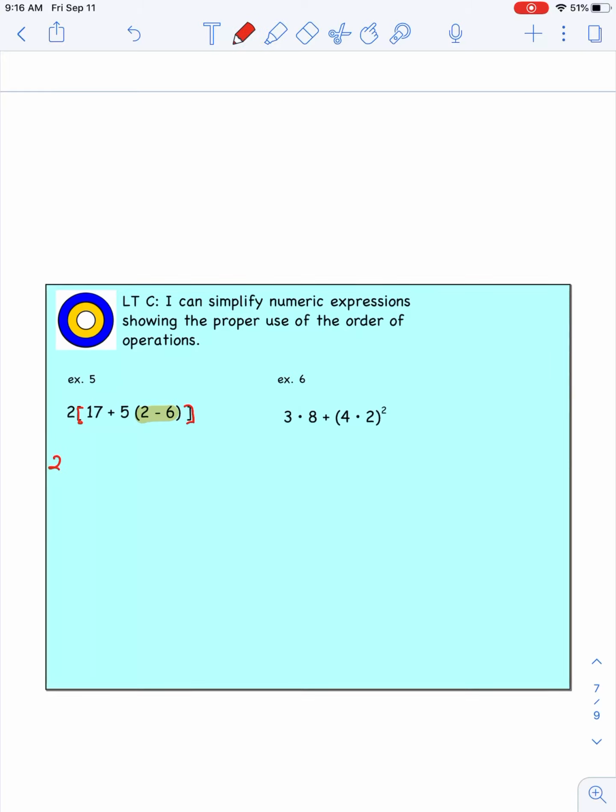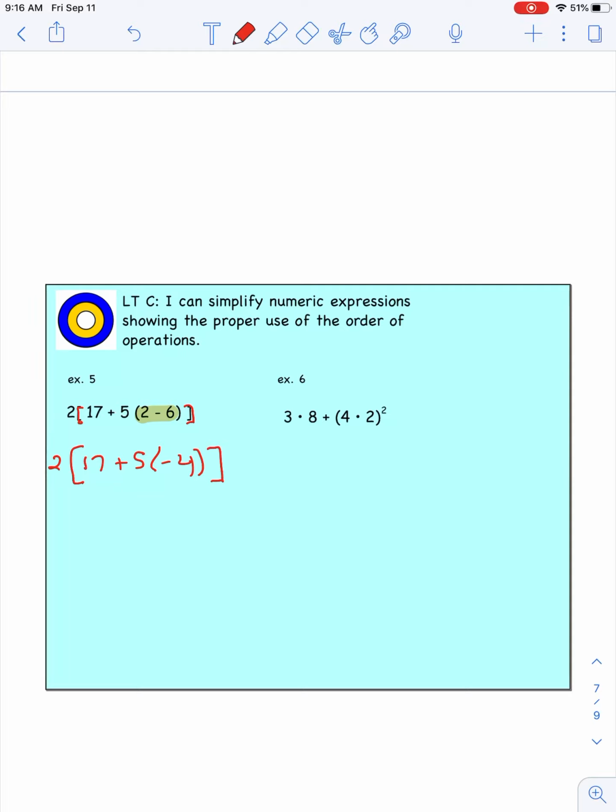So the first thing I'm going to do, the 2 is going to stay there and just hang out for a while. And so the first thing I'm going to do is the parenthesis with the 2 minus 6. So I'm going to have 17 plus 5. That's a parenthesis, that's grouping, and when I take 2 minus 6, I get -4. So that's my first step.